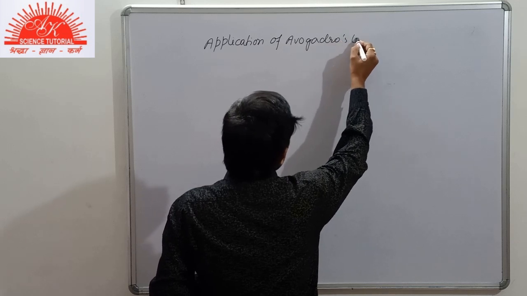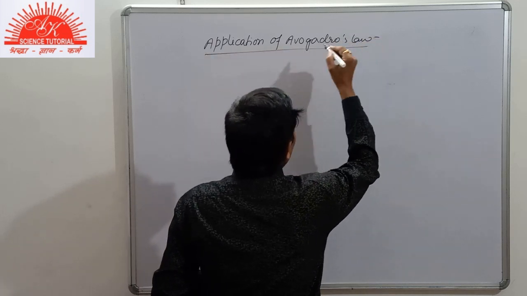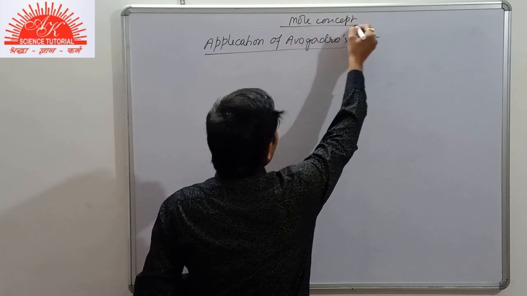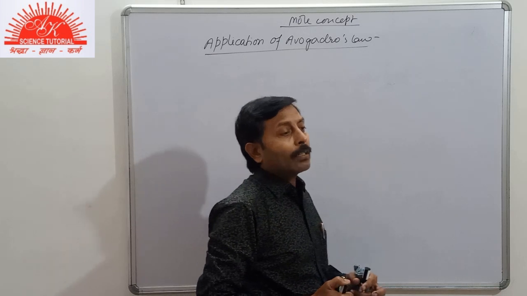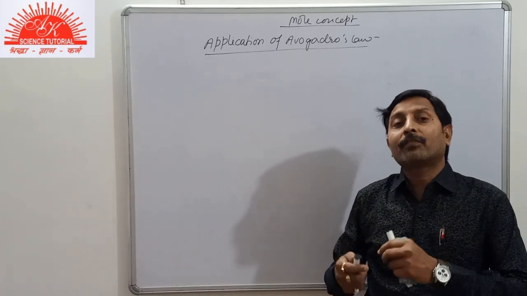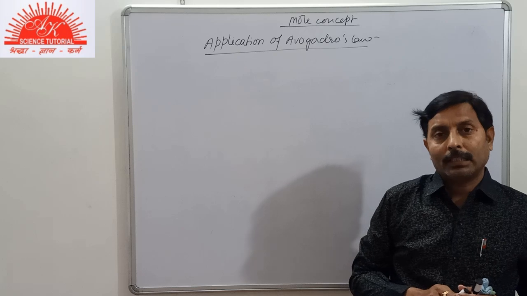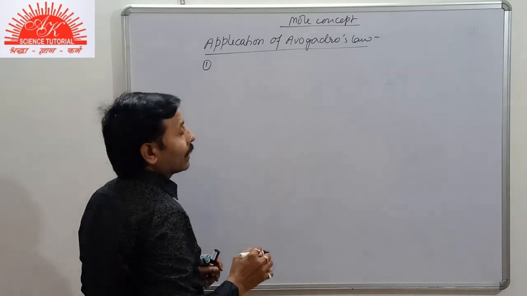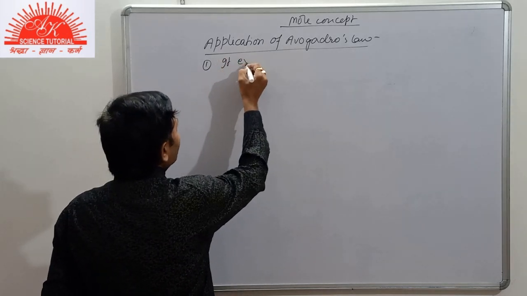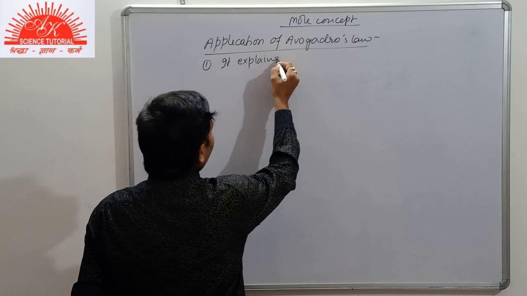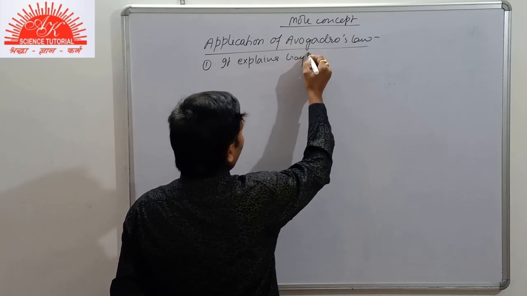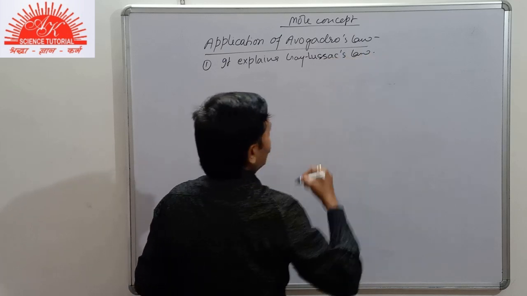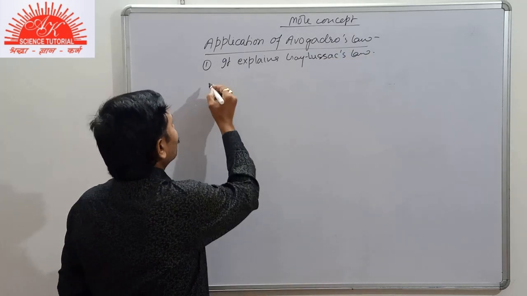This law is used to explain the importance, or that is in determination of different other physical quantities. Like you see, the first application is that it explains Gay-Lussac's law. First point. I will explain it later.